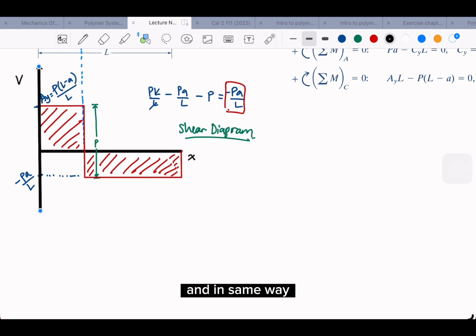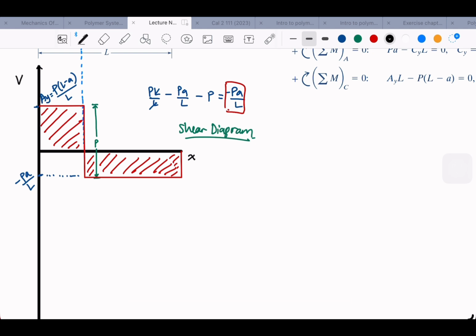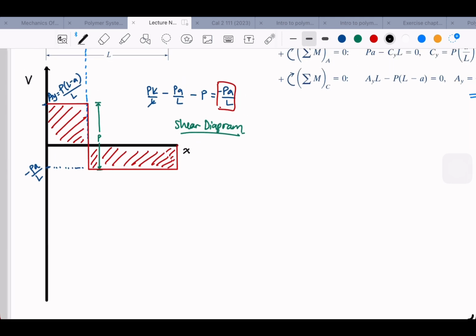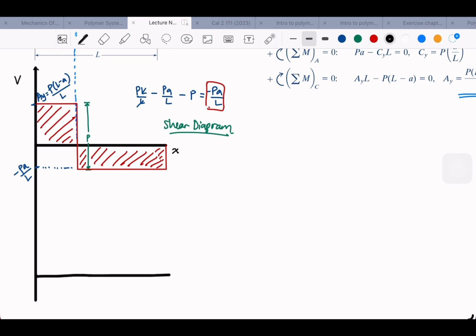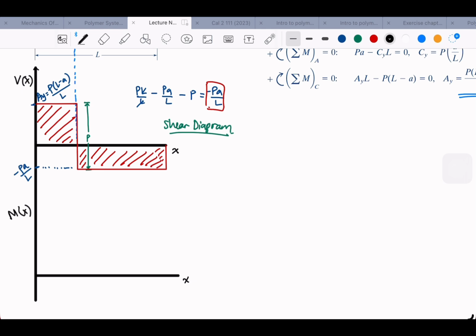And in the same way, I just extend this line to make the moment diagram. Okay, I think that is for x, and then this is for M. Or maybe let me write M(x), and then this V(x), just to note you that these are functions.